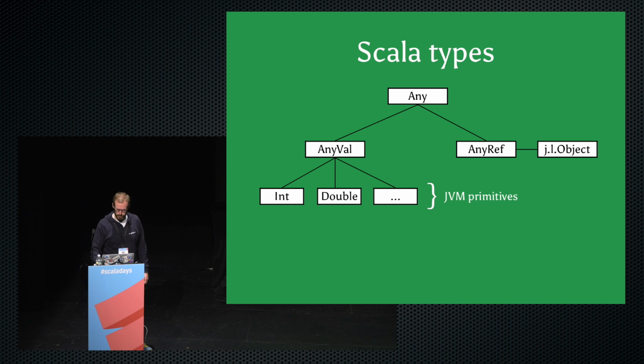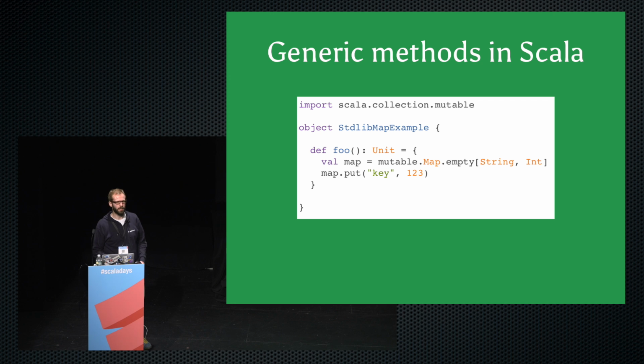So let's see generic code in Scala and see how that maps to bytecode. So here I'm using the standard library mutable map. I create a new map with an Integer type for its value type. And then I call put on it, and I pass in a primitive 1, 2, 3.